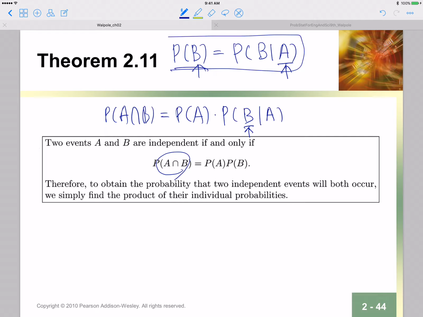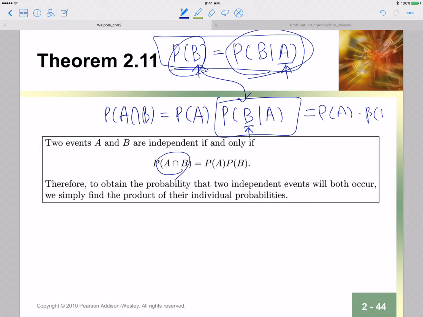So in the case of independence, we know this one is true, and then we just plug this in here, and we obtain this. Okay. So that way, when the two events simultaneously happen, if they are independent, we can simply multiply the probabilities of the separate events.